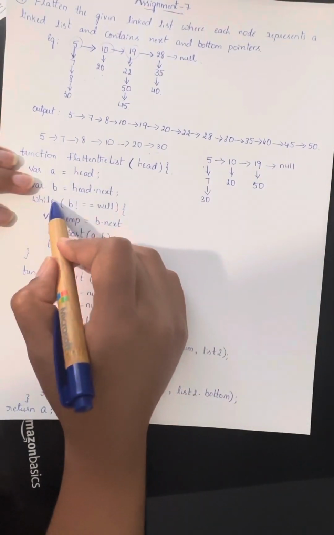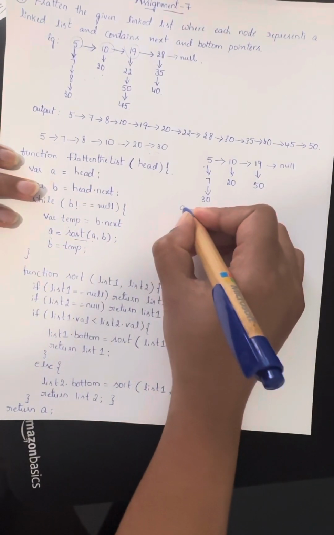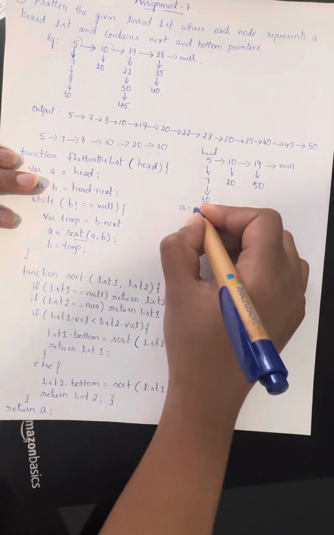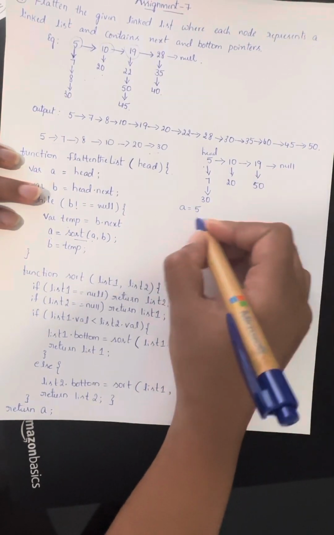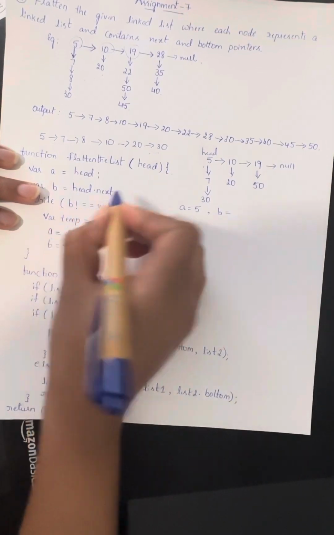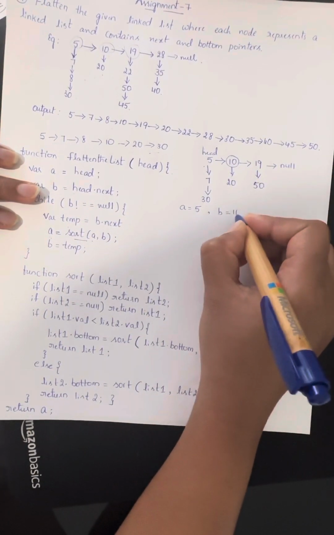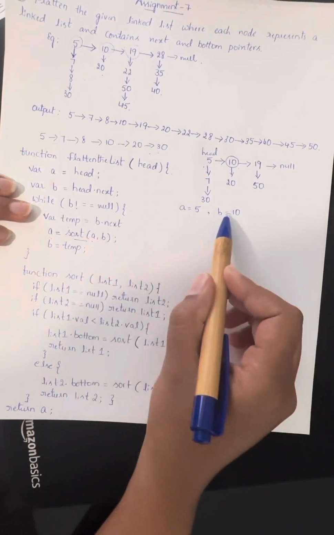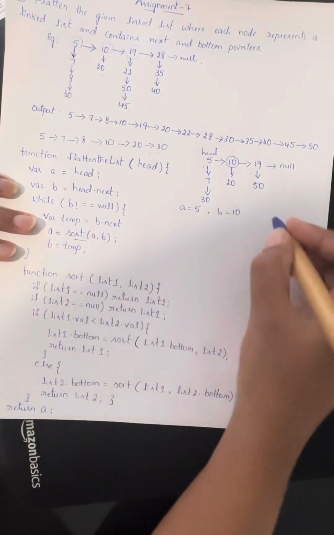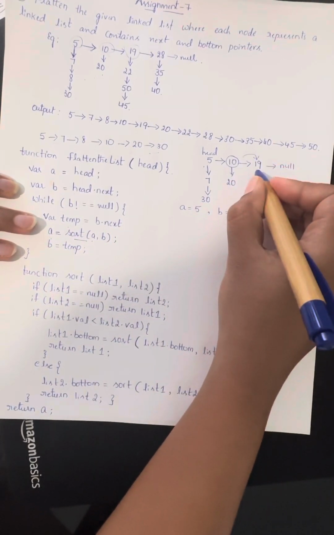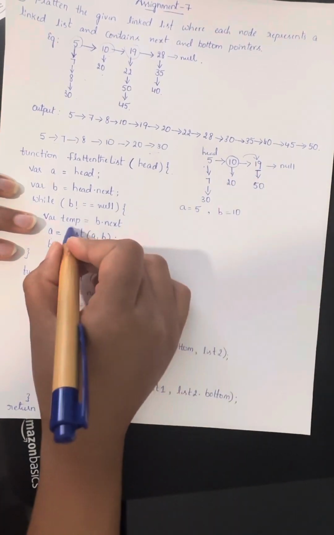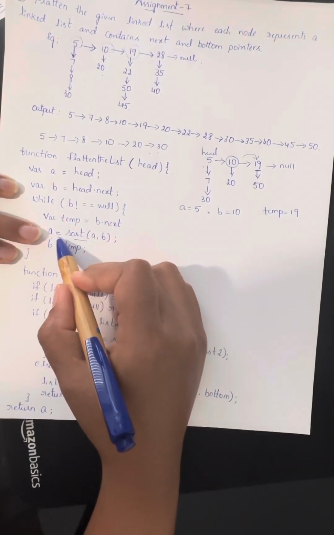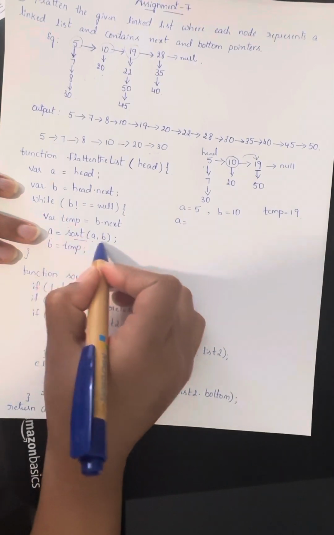Now we have a and b. a is equal to head, and we have head at node 5, so a equals 5, and b is head.next, which is 10. Then, while b is not equal to null, b is not null. We store the next node, which is 19, in the temporary variable, so temp equals 19, and we do a equals sort(a, b).